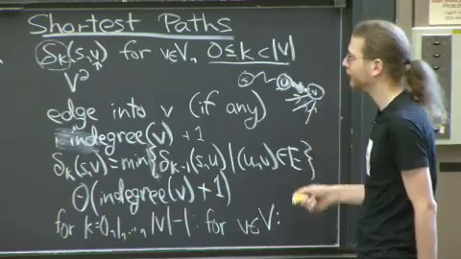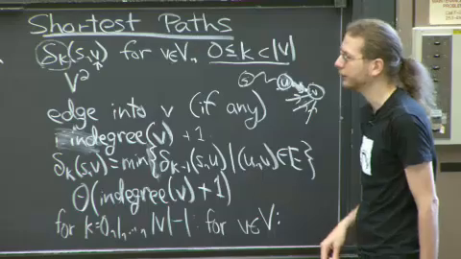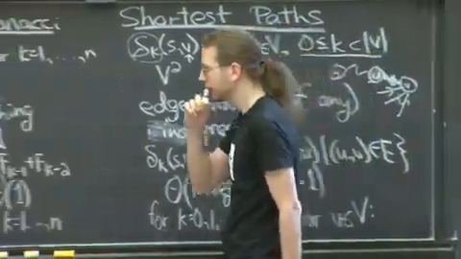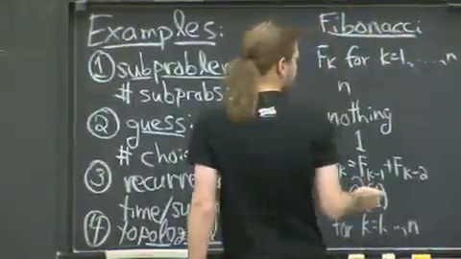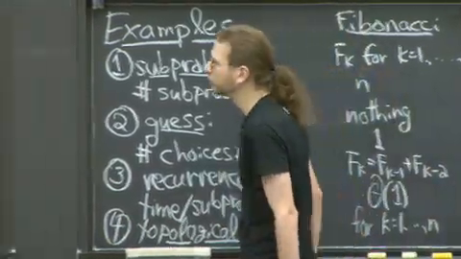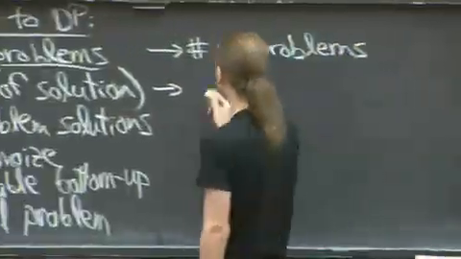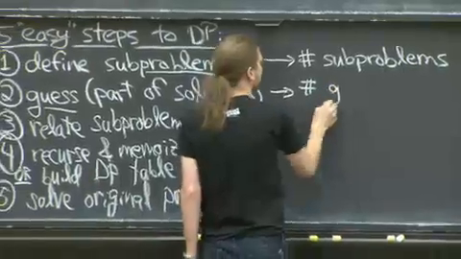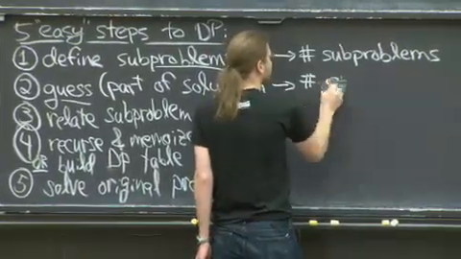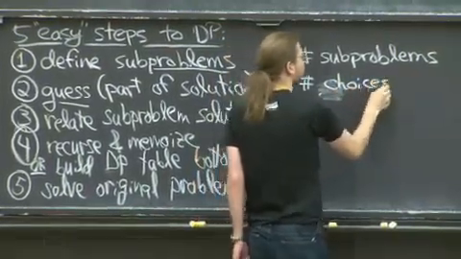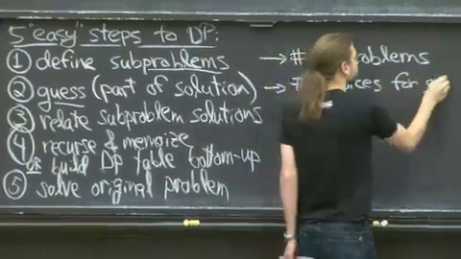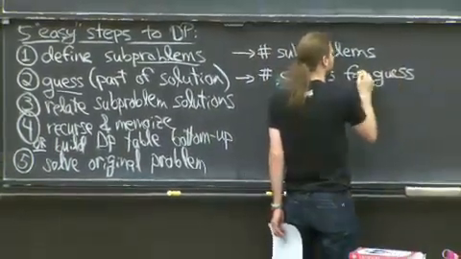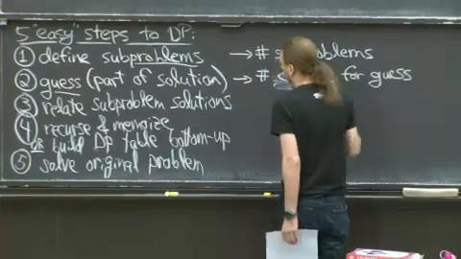To account for the case that that's 0, we do a +1, but that's not a big deal. So that was the number of different choices. In general, if we're going to guess something, we need to write down the number of choices for the guess. How many different possibilities are there? That's our analysis.